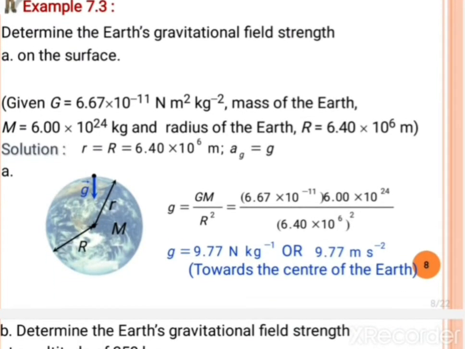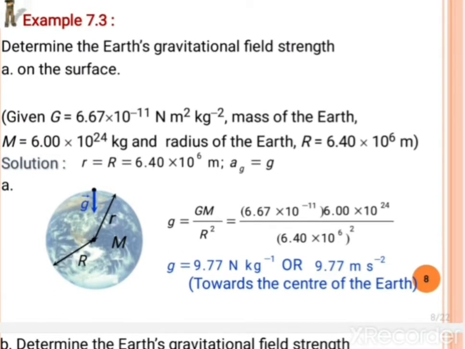We go to example 7.3. Determine the Earth's gravitational field strength A on the surface. Given the value G equal to 6.67 times 10 power negative 11 Newton meter square per kilogram square.